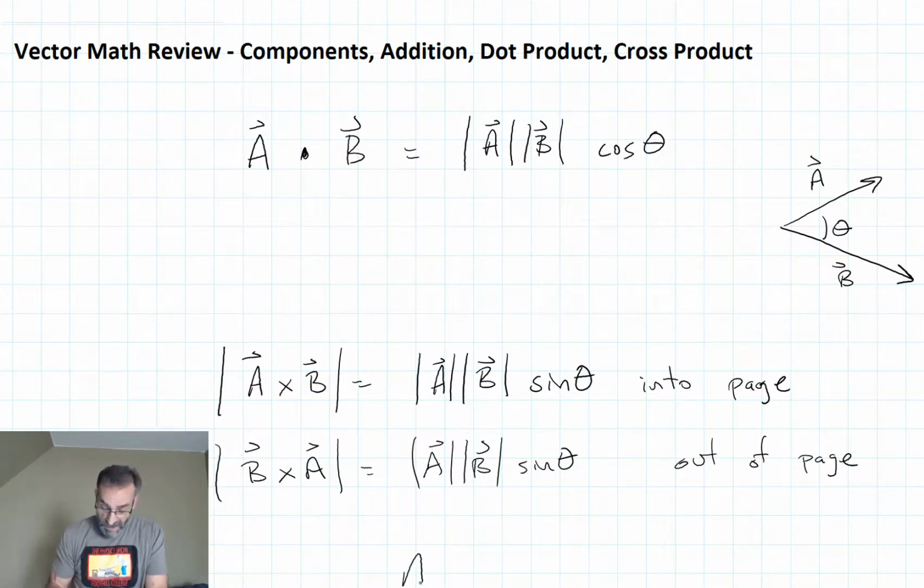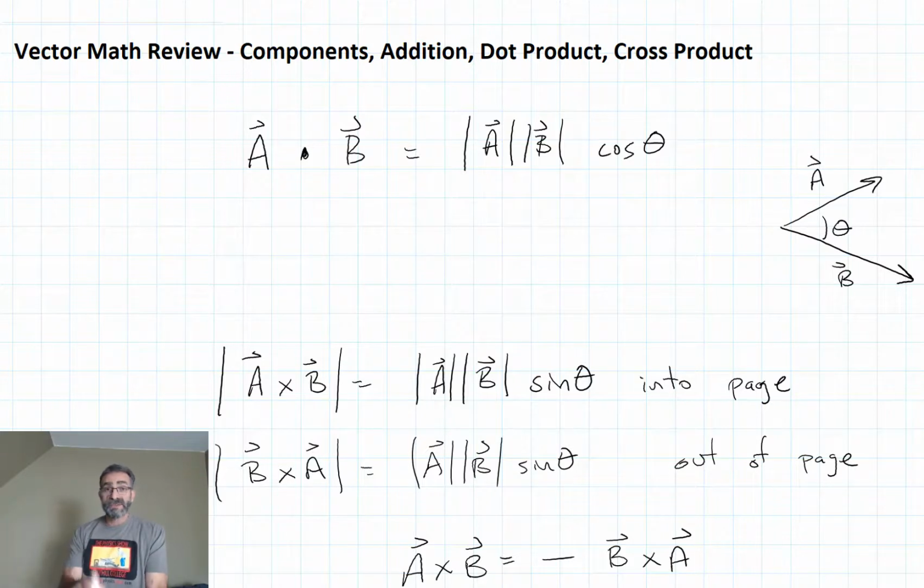So A cross B is equal to the opposite of B cross A. There are other ways to do the right-hand rule. Look online, look in the textbook. This is my way of doing it. We use cross products a lot later in the quarter and in subsequent classes also.